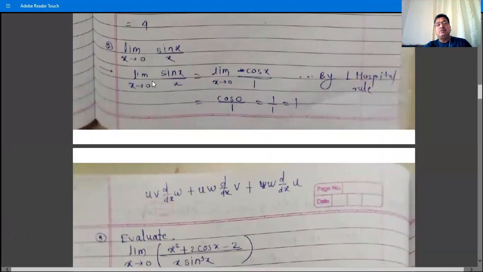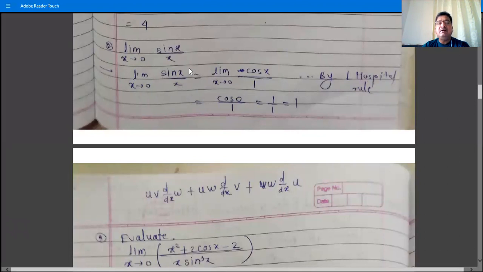If you substitute x as 0, then sin 0 is 0, and 0 by 0 is an indeterminate form, and by using L'Hospital rule we have limit x tends to 0, then find the derivative of sin x, which is cos x, and the derivative of x is 1. Okay, by L'Hospital rule, because what is the L'Hospital rule?